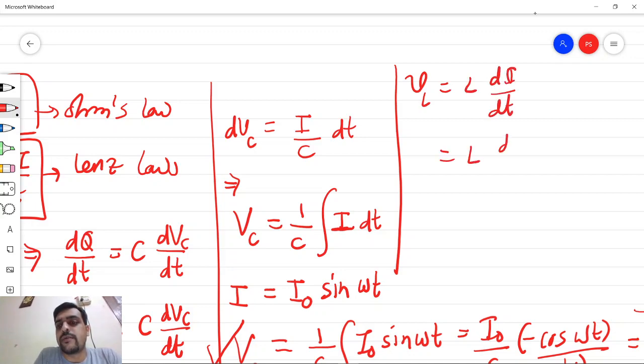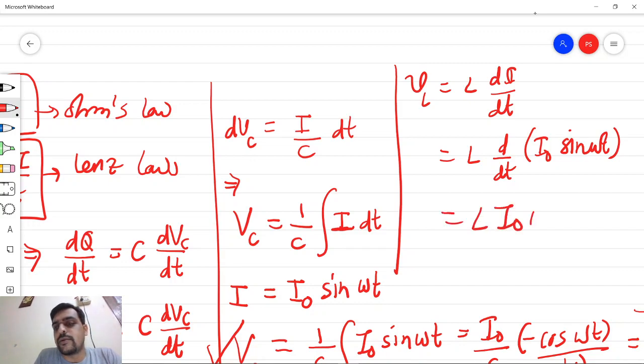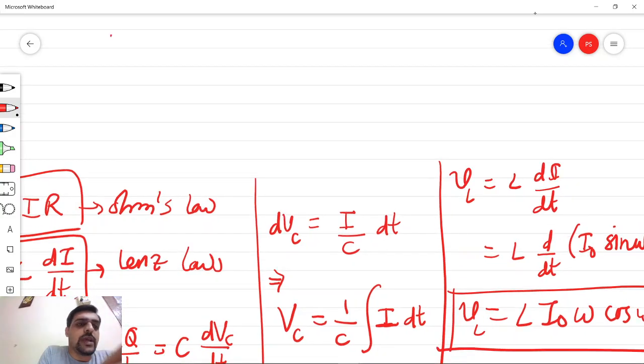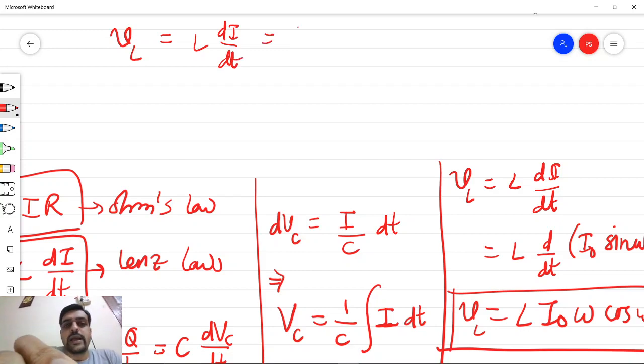So we get d by dt of I0 sin omega t, which is L I0 omega cos omega t. Fine. Now we have all three values. VL, which is just L di by dt, is L I0 omega cos omega t.